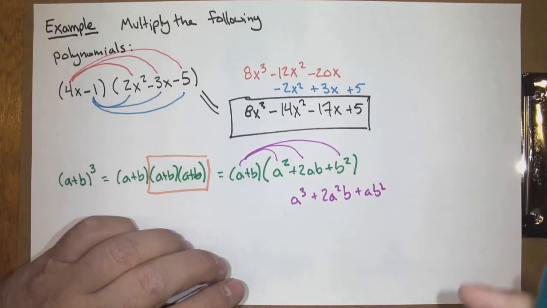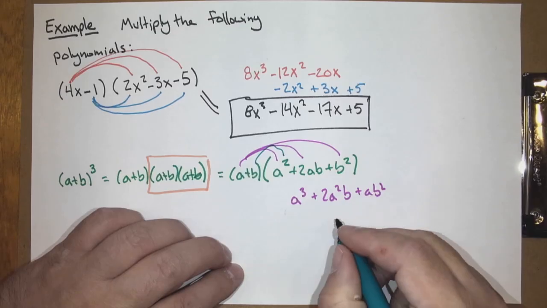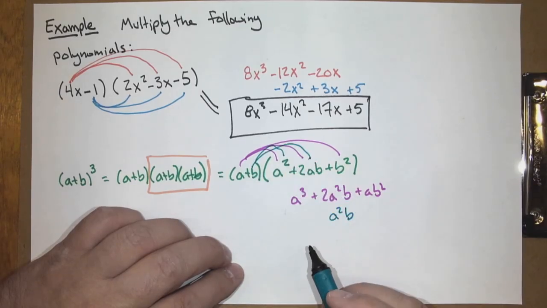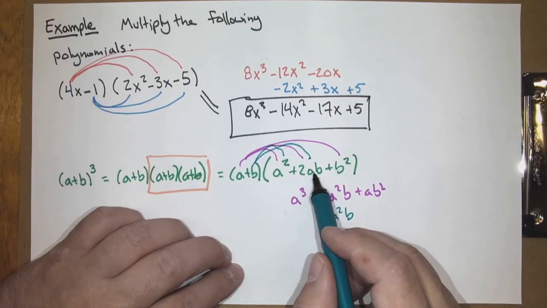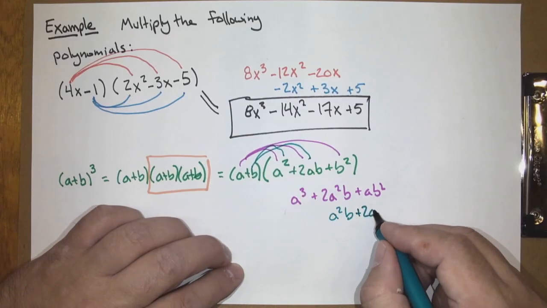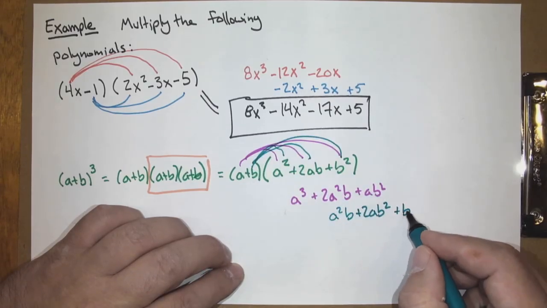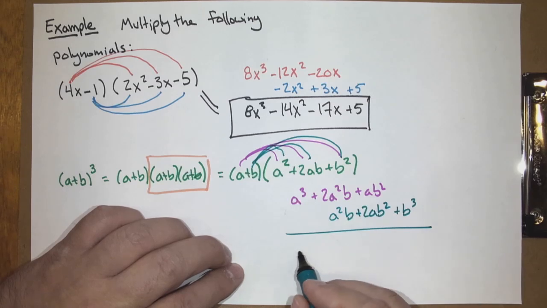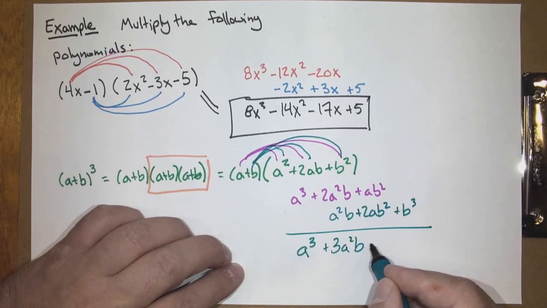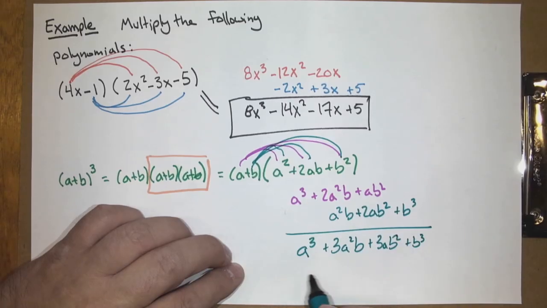So a B times A squared looks a lot like that, so I'll put that underneath, A squared B. Then a B times 2AB gives 2ABB, which is probably 2AB squared. I think that's how they say it these days. And a B times B squared is B cubed. Add them up: A cubed, 3A squared B, 3AB squared, and B cubed.